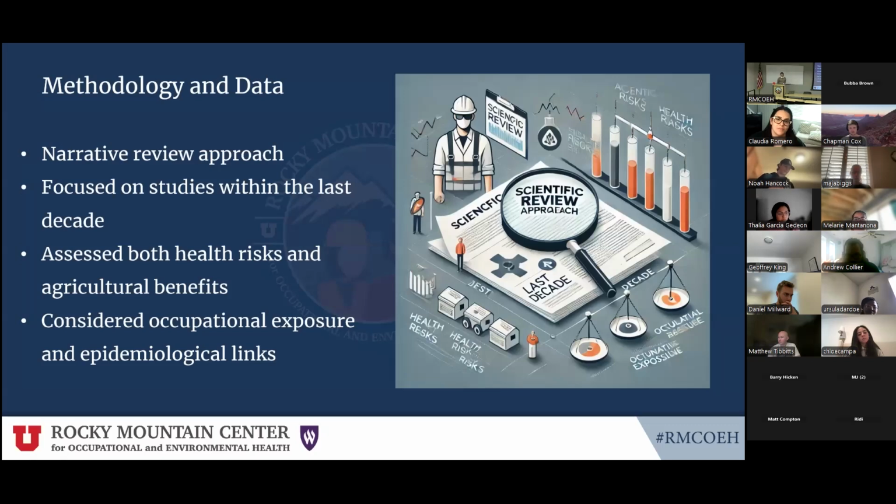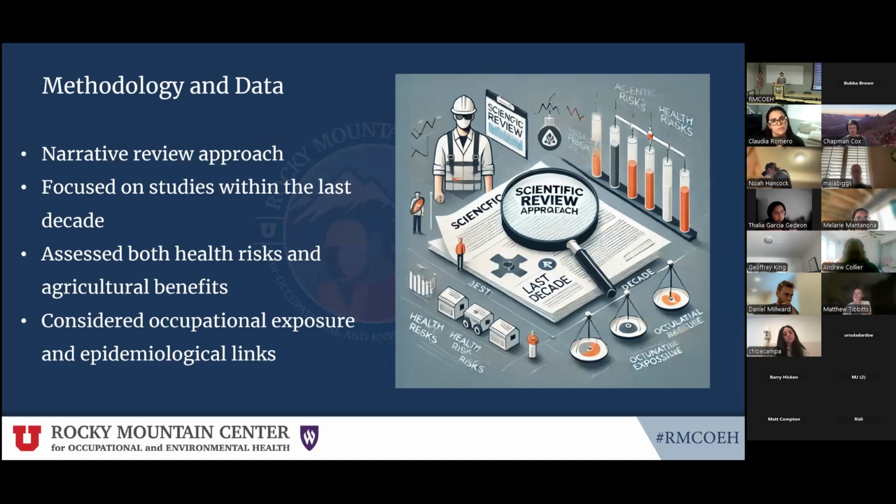The study by Beretti used a narrative review approach, analyzing a decade's worth of peer-reviewed research on glyphosate. It considered studies on glyphosate's health effects, particularly its link to non-Hodgkin's lymphoma, while also evaluating its role in agriculture.